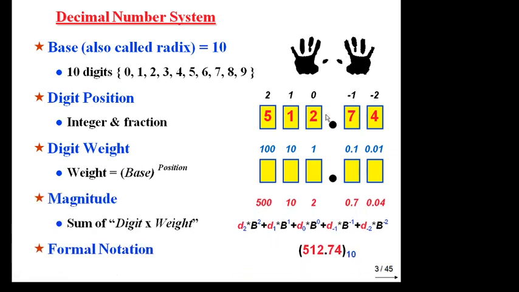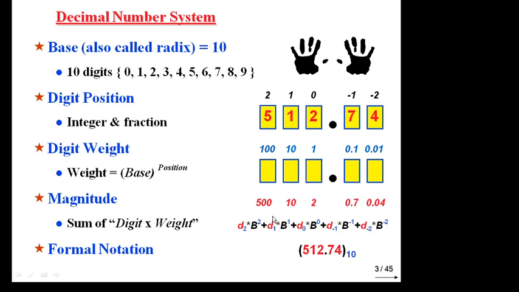Now from this we can generate a formula. How will you determine any number? Its magnitude is the sum of digit into positional weight. For example, 512.74. So d2 into b to the power 2, because there are 3 digits in the integer part, d0, d1 and d2, and 2 for the fractional part, d minus 1 and d minus 2.